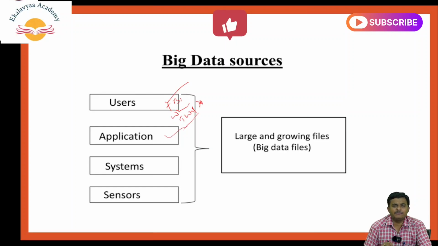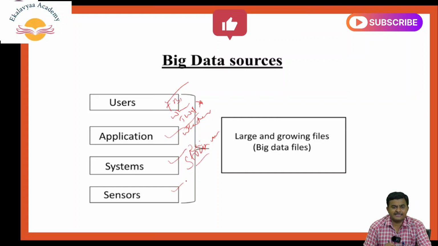And then some applications, for example, weather forecasting, is one example of an application which continuously generates large volumes of data. And real-time systems like railway or stock market, we can take the example of the stock market, which continuously generates data.